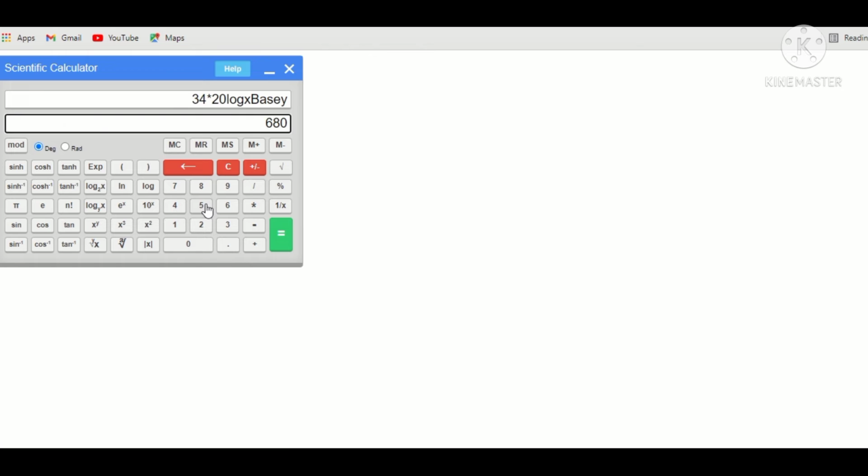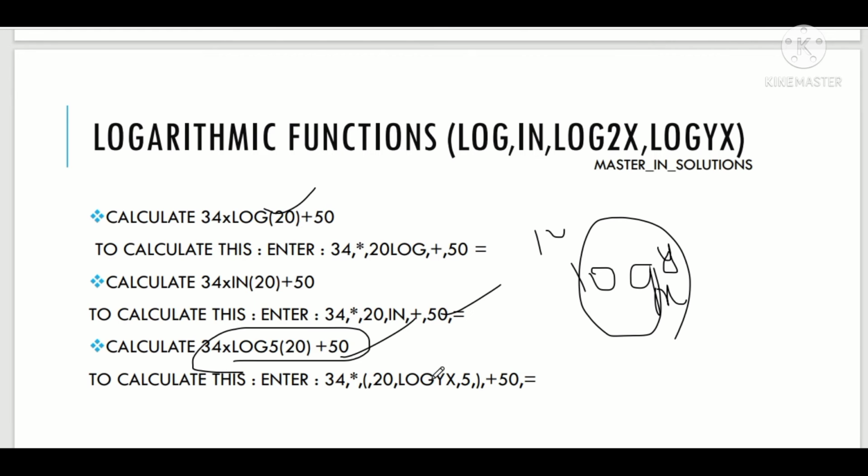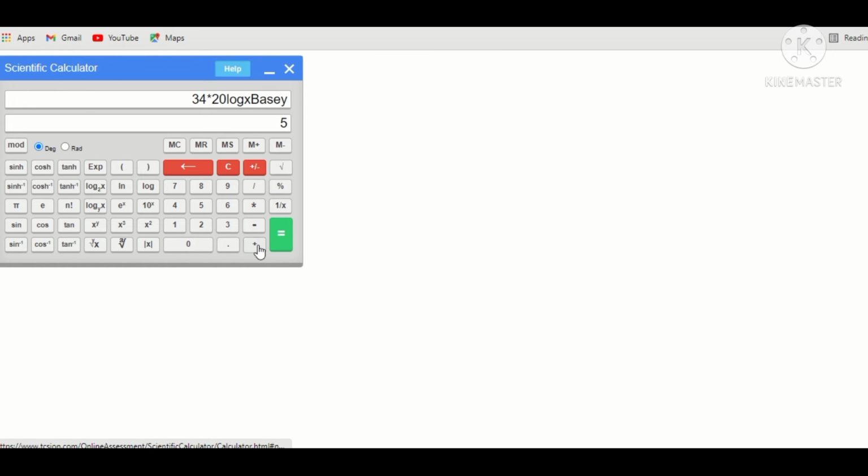We are going to introduce that 5 here as the base, and completing the plus 50 here.